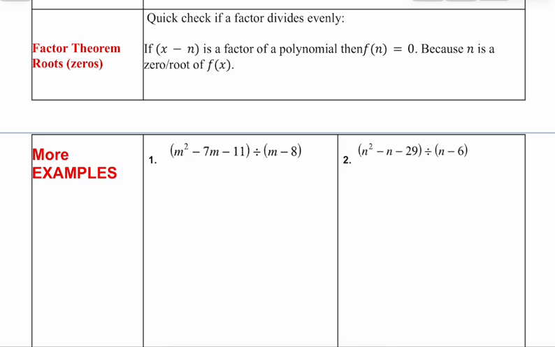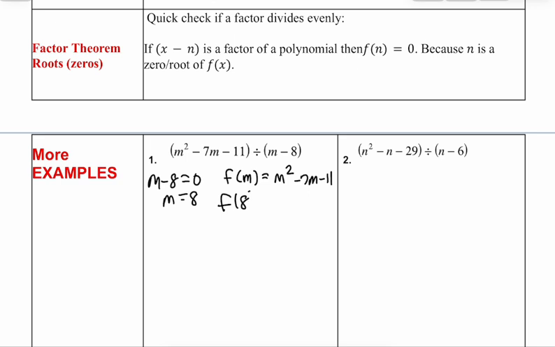So let's look at the bottom examples. Let's check something out. If I set m minus 8 equal to 0, I get 8. Let's call this function f.